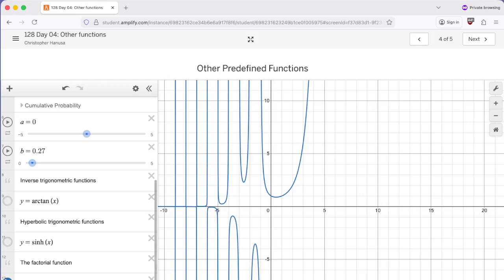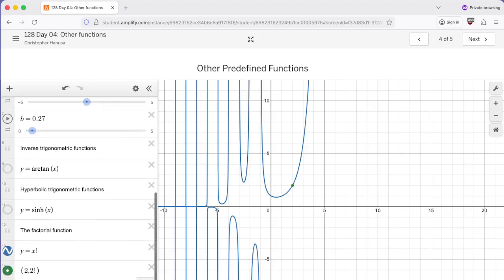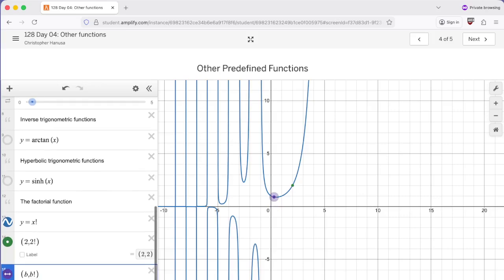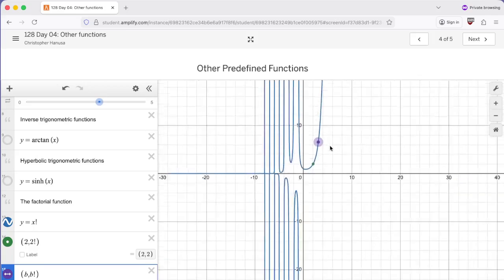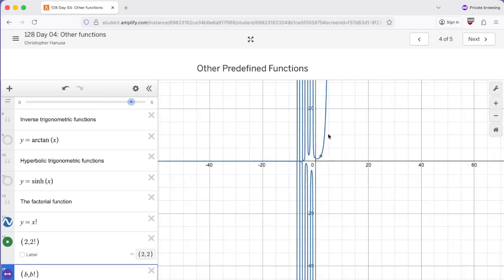If we found the point 2, 2 factorial, that's a point that's on here. If we put in b, b factorial, and we move this point, it's going to move along this curve. And 3 factorial is 6. 4 factorial is 24. And so you can imagine this goes up really, really fast over here. Whoa.